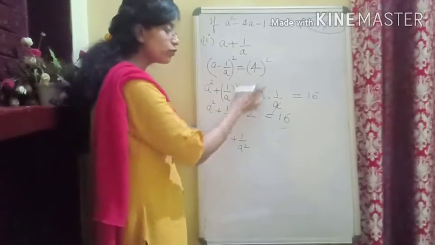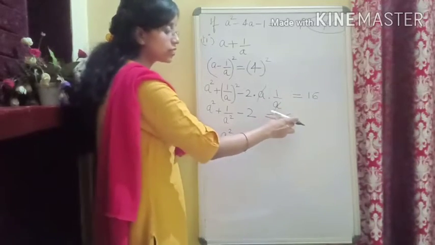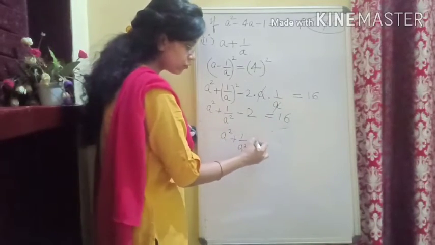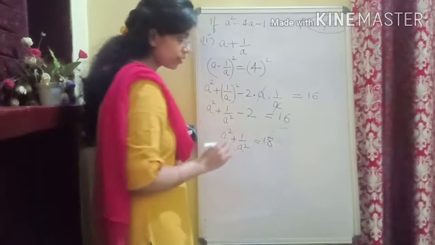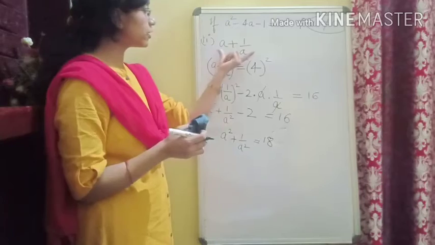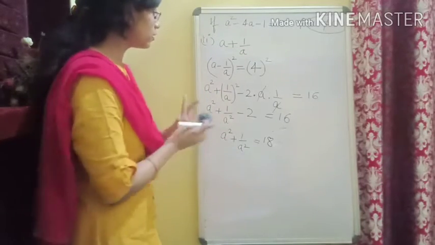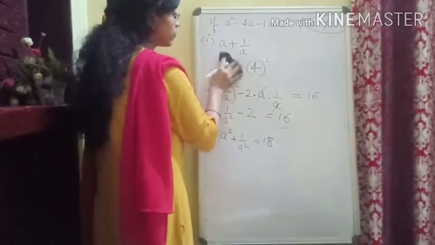This minus 2 will go to that side and it will become plus. So I am going to write directly 16 plus 2 will give you 18. Okay. So just now we are getting this expression, but we remember we have to calculate this. So if it is clear, I am going to simplify.